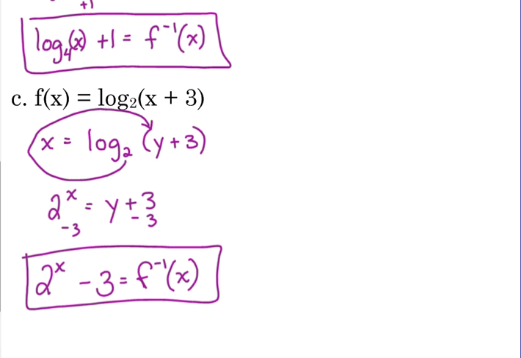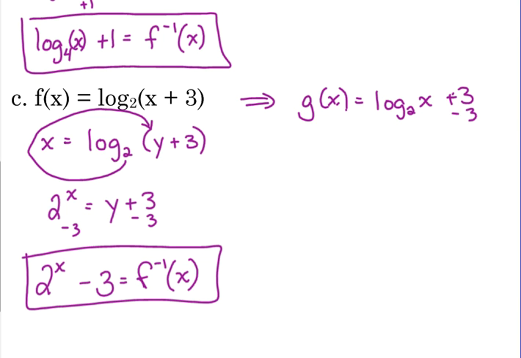Let's just talk about this for a second. If the original problem had looked like this, if it had not had the parentheses around the x plus 3, that means the plus 3 is not inside the logarithm.